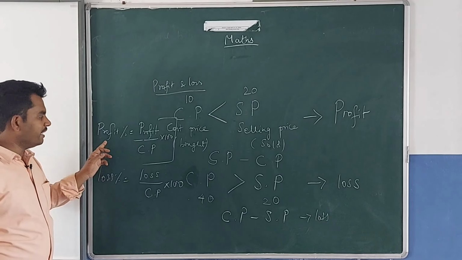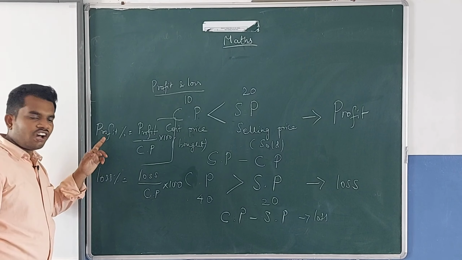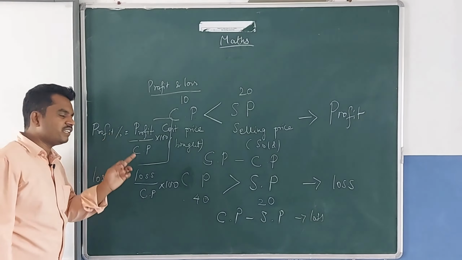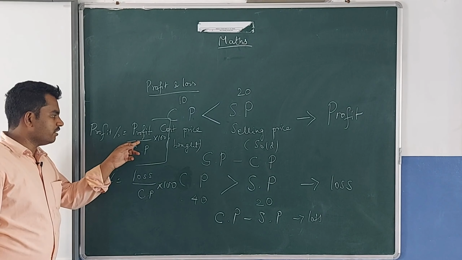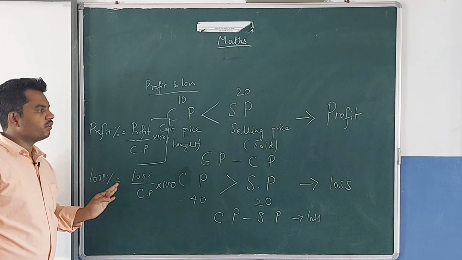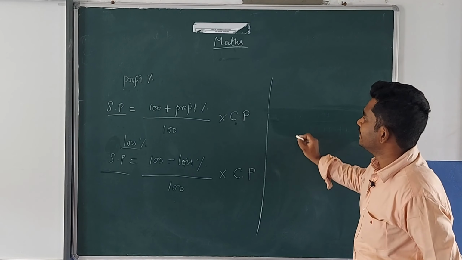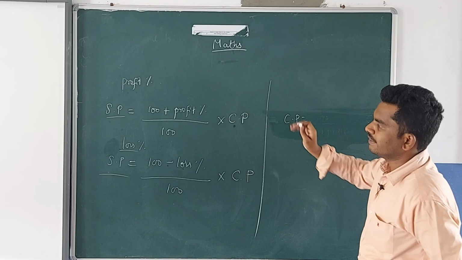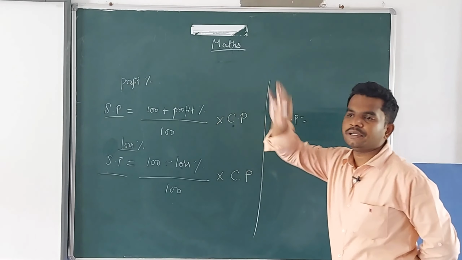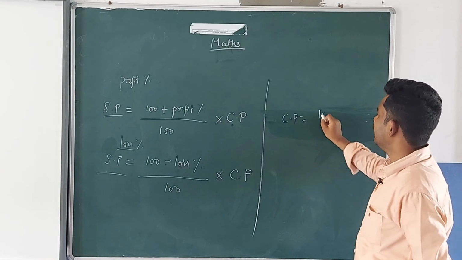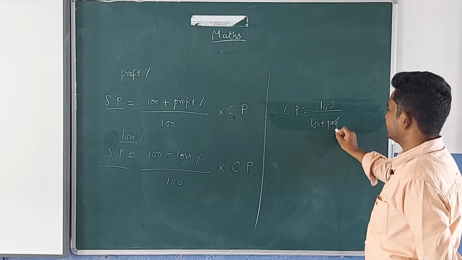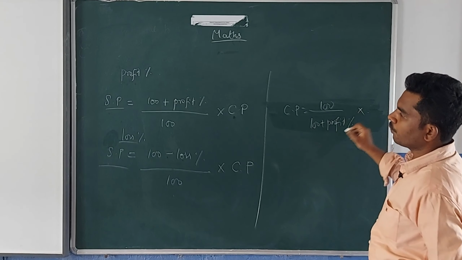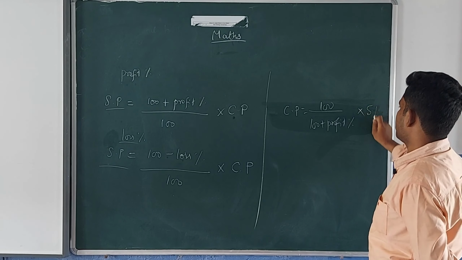What is the important point here? Profit percentage or loss percentage is always calculated on cost price only, divided by cost price only. Okay, CP equal to, that term is going to reciprocal, 100 by 100 plus profit percentage into SP.